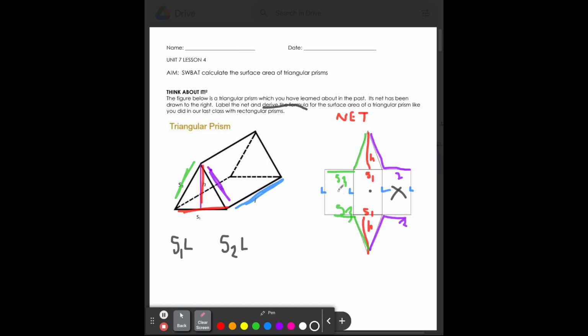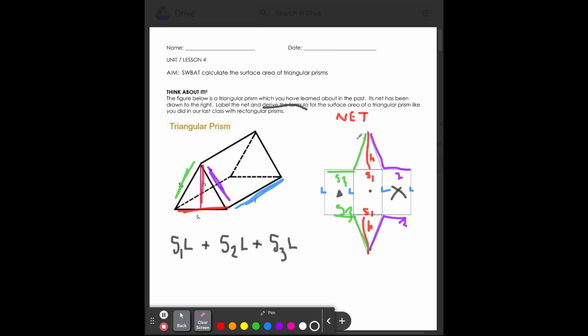And then I'm going to draw a triangle here. If we wanted to find the area of this rectangle, it would be side 3 times the length. Are those the only faces? No. Those are 3 of the 5 faces, because we see that there's a total of 5 faces.